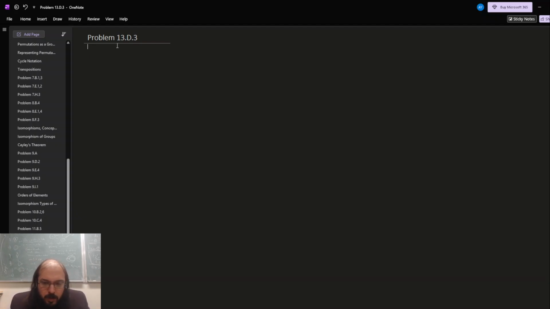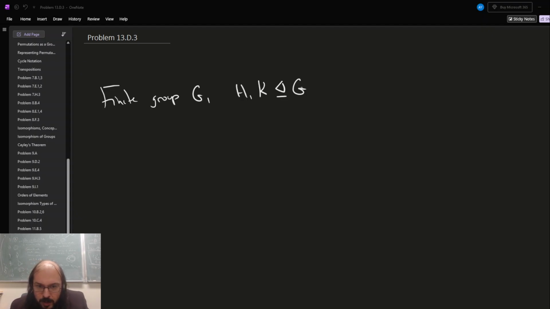All right, one more problem, and then I think we're going to leave this section here. The problem this time is from section D, which says, suppose that I have a finite group G. Copy this down. And I have two subgroups, H and K of G, with the property that their orders M and N are relatively prime.